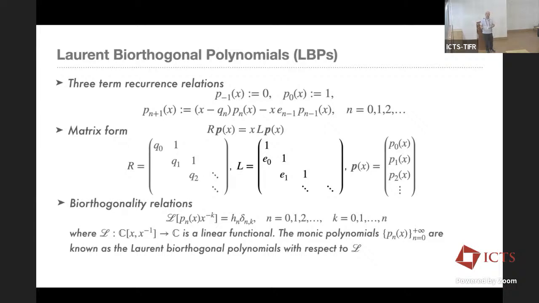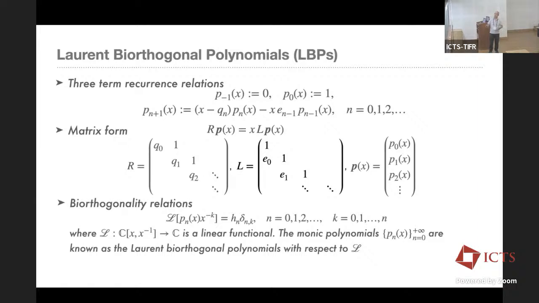But in the case of Laurent bi-orthogonal polynomials, we can put this value here. The previous standard orthogonal polynomial system corresponds to the Jacobi matrix, a tridiagonal matrix, which appears as an eigenvalue problem. But here we can relate them in matrix form: R P = x L P, where P is an eigenfunction and x plays the role of the eigenvalue.